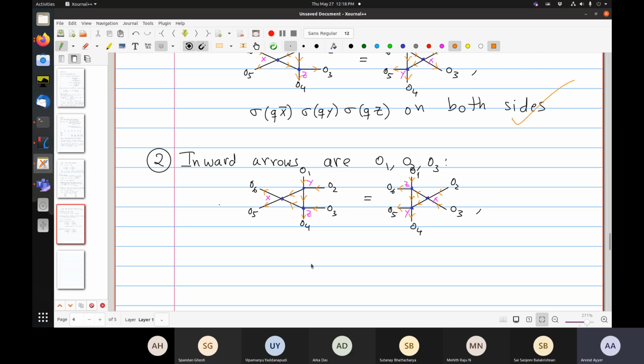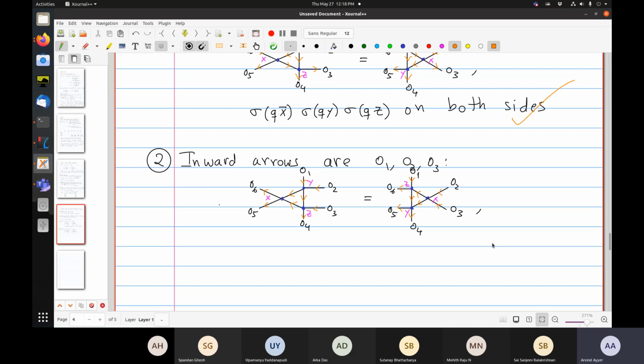So here this is okay, and now let's see here. Here I'm not even going to do the computation because it's going to be the same argument. So at X I have down and left, and at X I have down and left. At Y I have down and left again. Z I have down left, Z I have down left. Okay? So again both are equal.